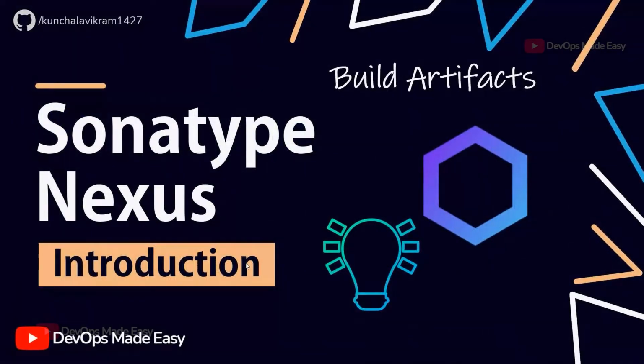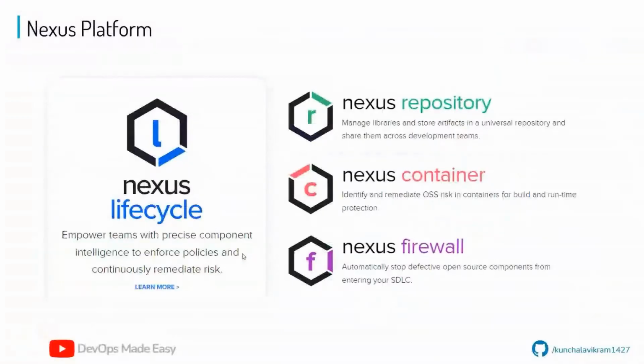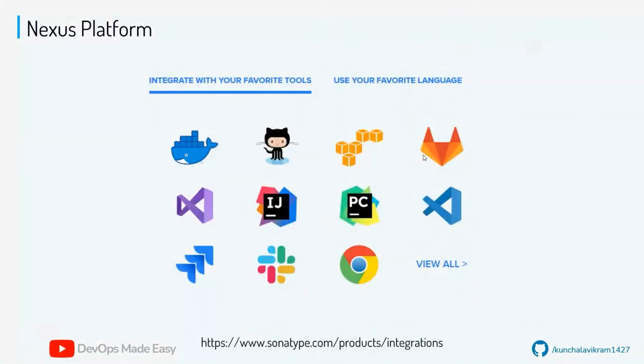Okay, so what exactly is Sonatype Nexus and why we use Nexus, right? So Nexus is from Sonatype, and Sonatype has a lot of other products as well. And Nexus repository is one such product. We have Nexus lifecycle, repository, container, firewall. Okay, so there are a lot of tools by Sonatype, and repositories is one of them, right?